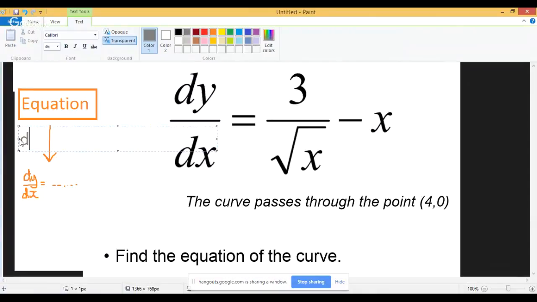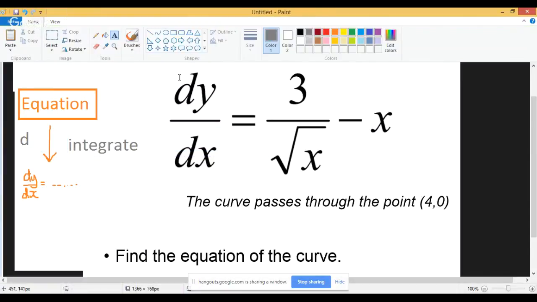So if differentiation takes you from the equation to the differentiated form, we need to integrate to get back. If we integrate, we'll get back to the equation. That's the basic principle, so have that in mind.